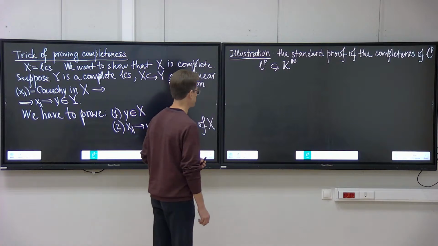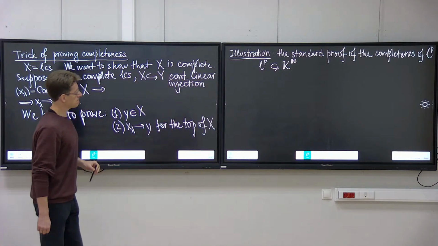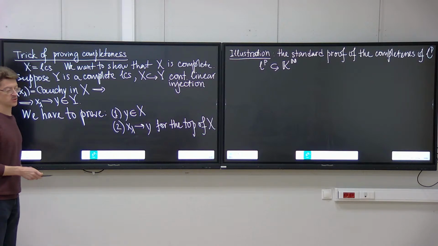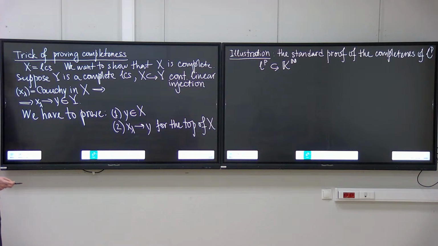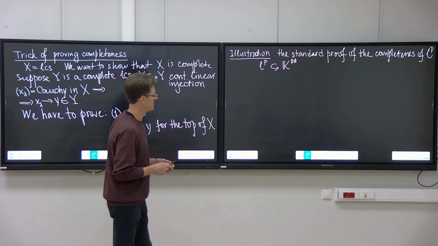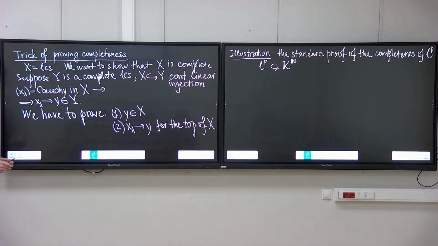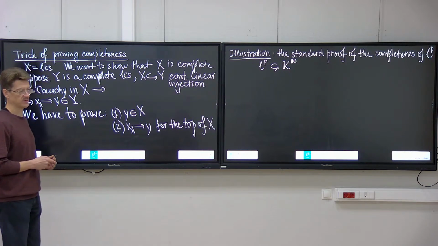But unlike in Banach spaces, we don't have a universal thing into which we can embed, right? In Banach spaces, we always can embed it into the double star. Yeah, double star doesn't work in the case of locally convex spaces. We'll see why it doesn't work when we discuss reflexive, semi-reflexive spaces and so on.